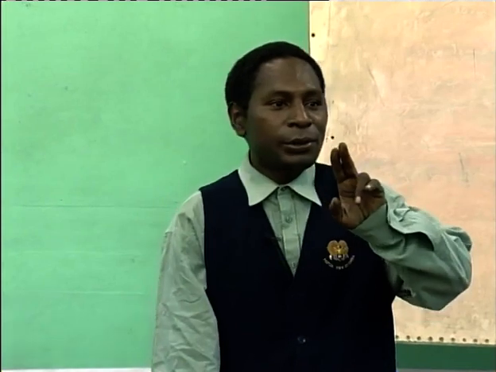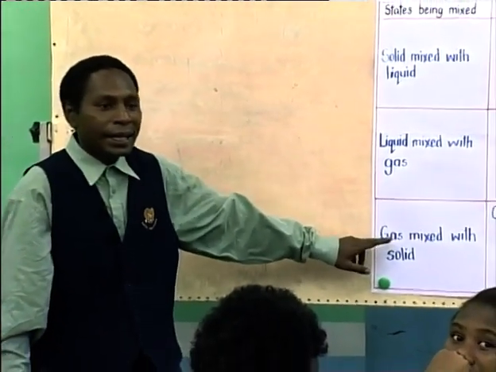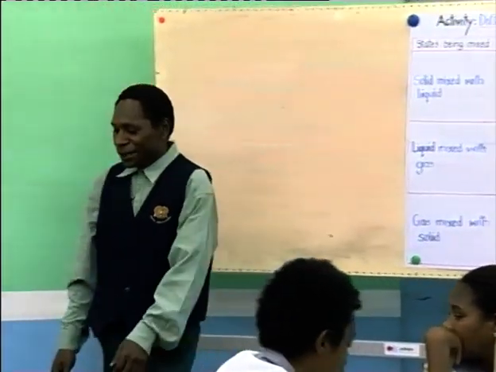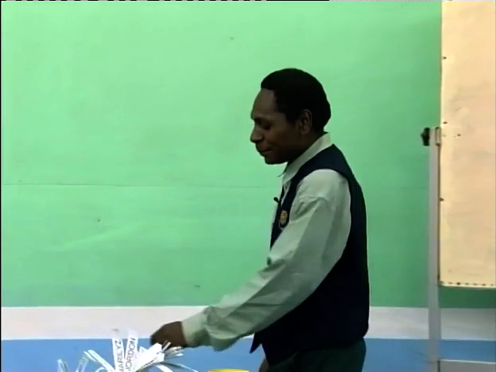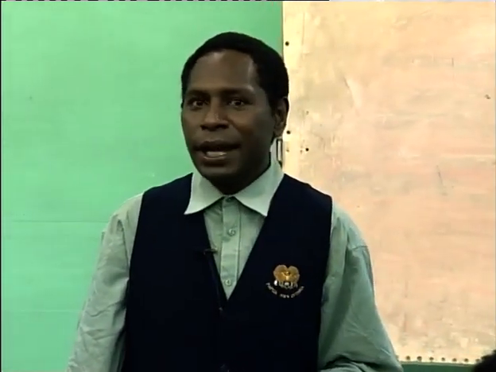It is rust. Now, rust occurs when two elements or two things combine. Rust occurs when gas is mixed with a solid. Now, what do you think the solid will be? The grass knife, right?